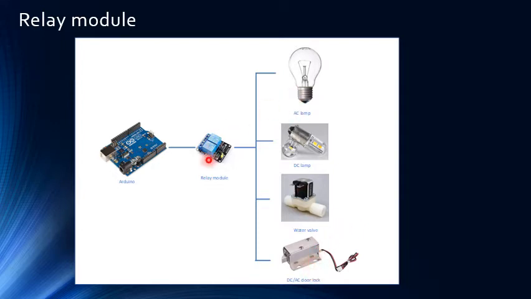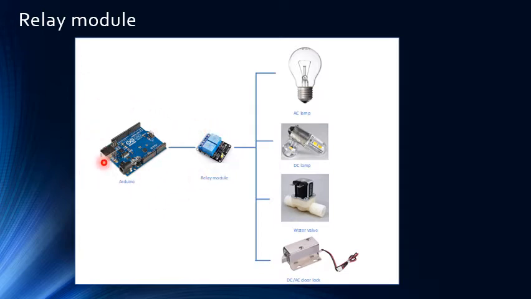So by connecting the relay module to one of these examples, let's say you can control an automatic tap. You can control your accommodation door lock. So maybe if there is somebody coming, then the door lock will open, or something else. Or you can control the AC lamp or DC lamp. There are many things that you can do with the relay module.